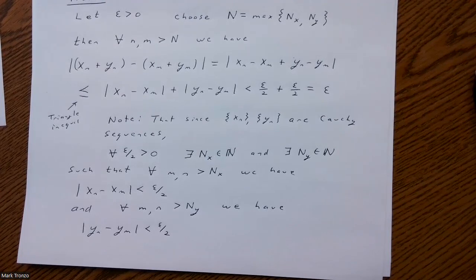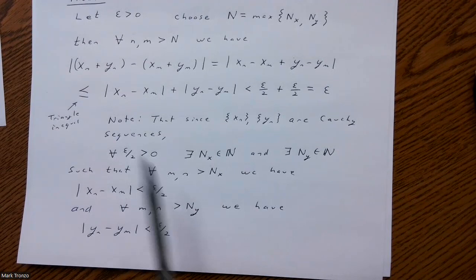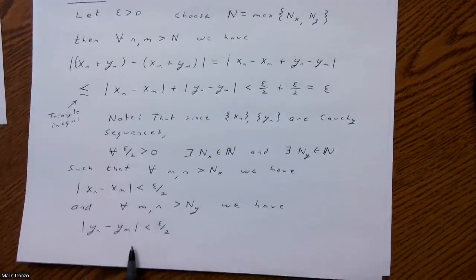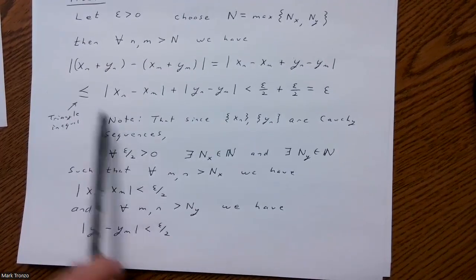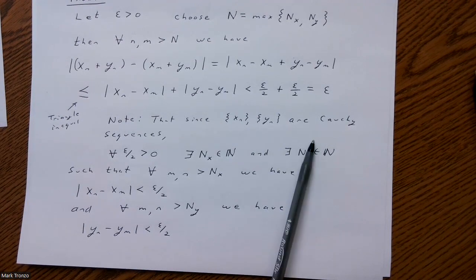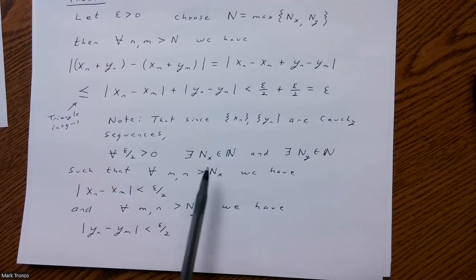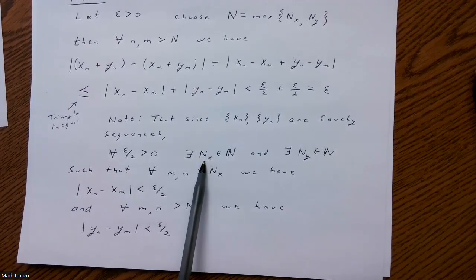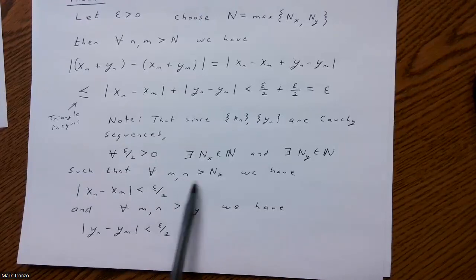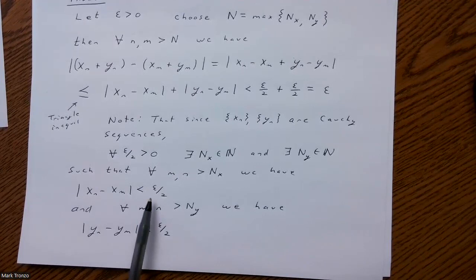So again, sometimes you might want to put this at the very beginning of your proof, but I think it's a little bit easier to put at the end, where you're explaining what you're doing up here. So again, because xn and yn are both Cauchy sequences, then for all epsilon over 2, there's going to be a natural number nx such that for all m and n greater than it, xn minus xm is less than epsilon over 2.